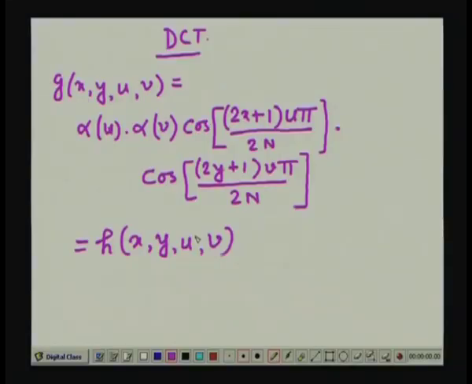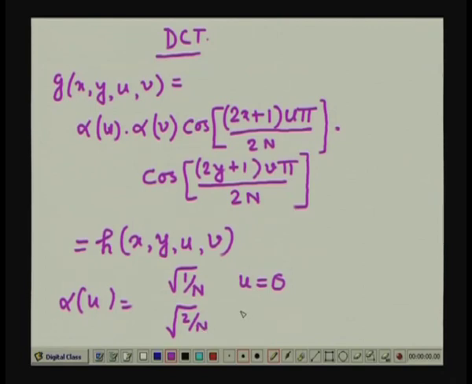Now, we have to see what are the values of alpha(u) and alpha(v). Here alpha(u) is given by square root of 1 upon capital N for u equal to 0, and it is equal to square root of 2 upon capital N for values of u equal to 1, 2 to capital N minus 1.